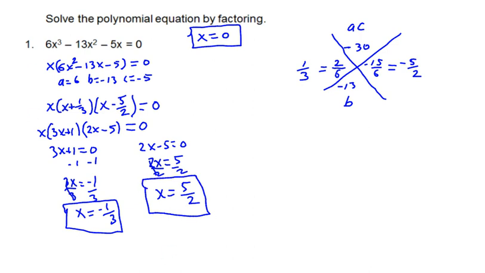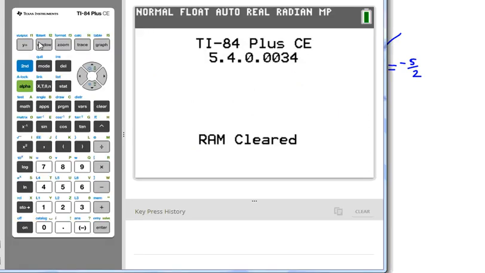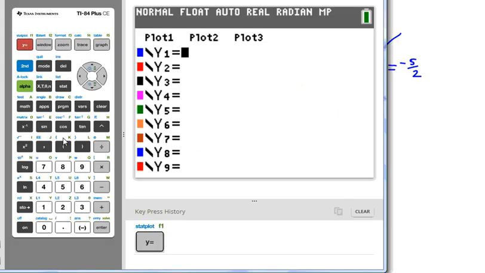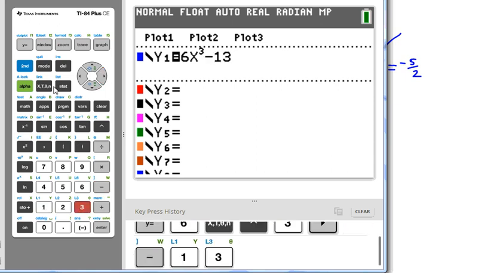And really, this can be quite easily graphed in the calculator as well. So we go here, and just for confirmation, I'll just put them in full: 6x cubed minus 13x squared minus 5x.